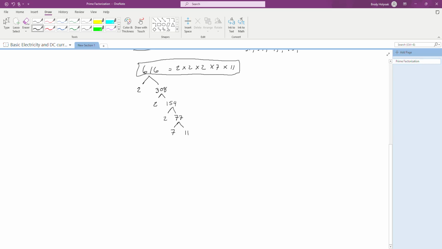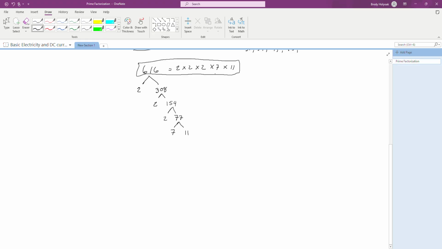Now, when we go to record and report these numbers into computer programs, and just as a general reference, we want to order these numbers from smallest to greatest. So our 2's are going to go on the left, and then the bigger numbers follow in numerical order from left to right. So in the end, the correct way to write this is 2 times 2 times 2 times 7 times 11.